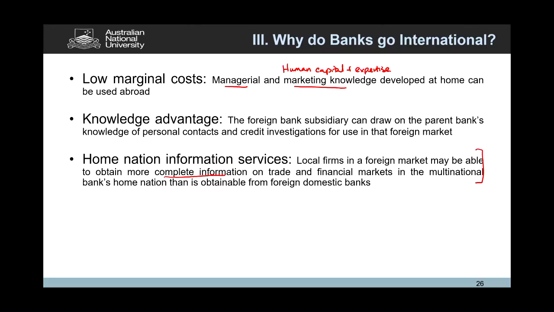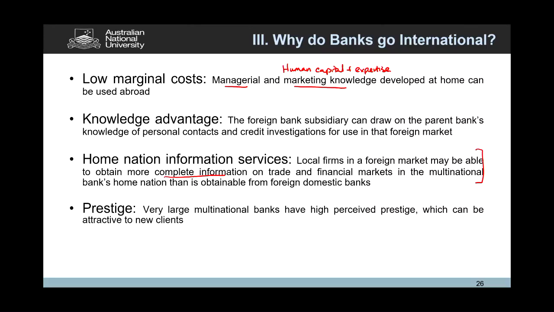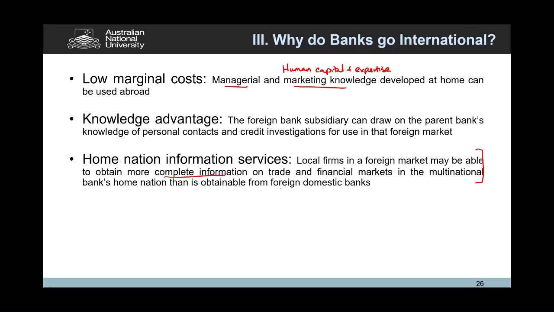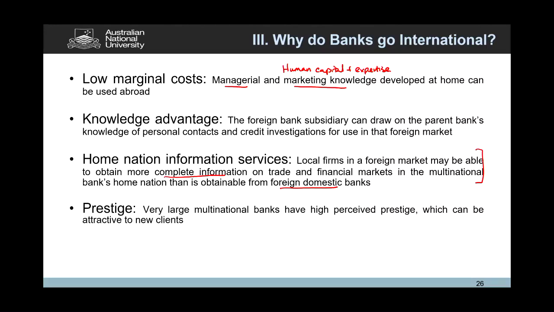Very good. Because if you are trying to have partnerships with foreign domestic banks, there is a conflict of interest, right? If they give you the information, you are essentially their competitors, so they're not as likely to give you the information as if you have your own people working there to collect the information.